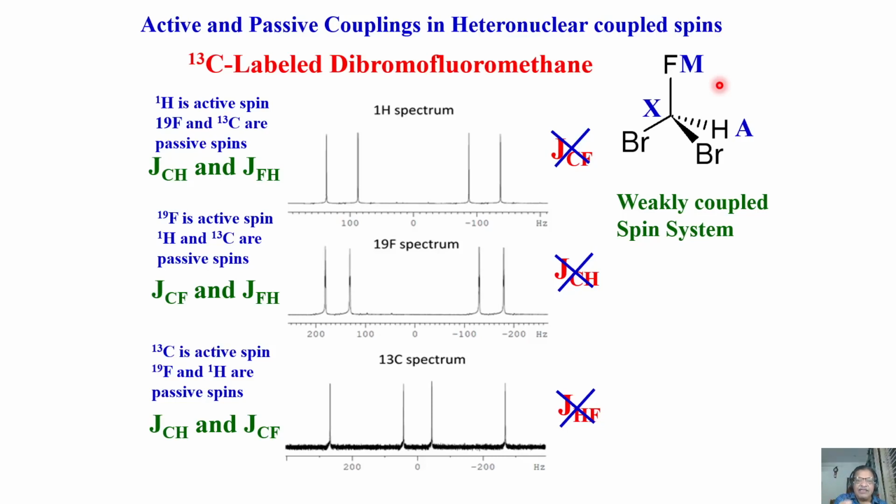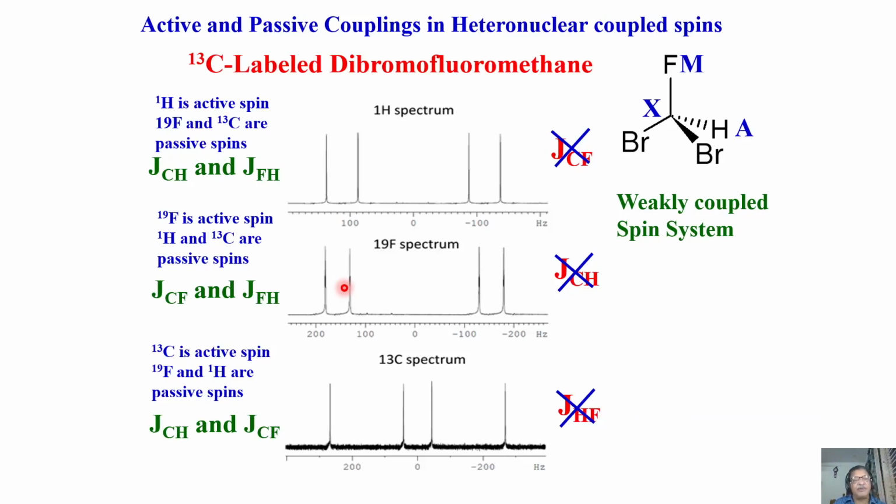Go to another proton, that is the active spin, remaining are passive. There you get the coupling between active and passive spins and the chemical shift of the active spin. No passive couplings will be seen. If you remember this point, very easily you can analyze a lot of spectra. I hope you are catching my point of active and passive couplings.